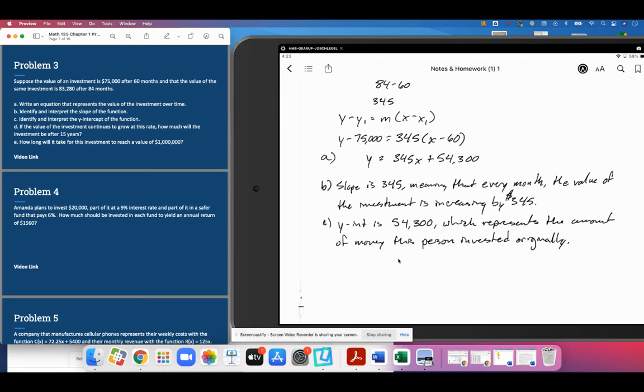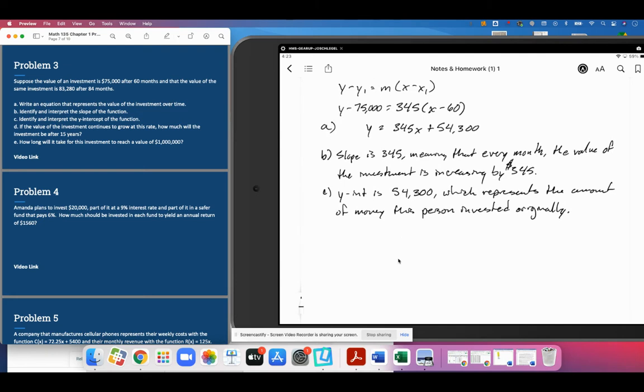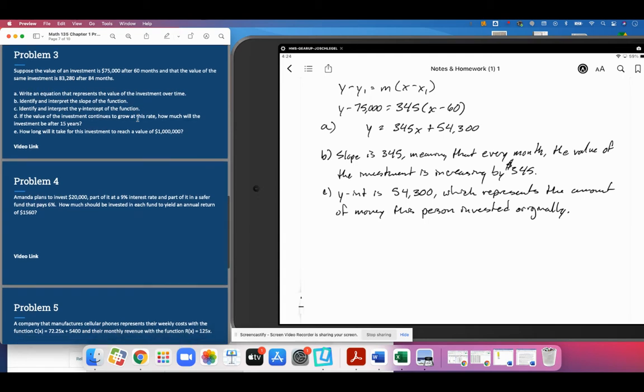So if we consider this problem a little bit, everyone, going from $54,300 that they put in to $83,000 after 84 months, which is 7 years, they have gained nearly $30,000 in 7 years for doing nothing just because they chose to invest their money into this thing.